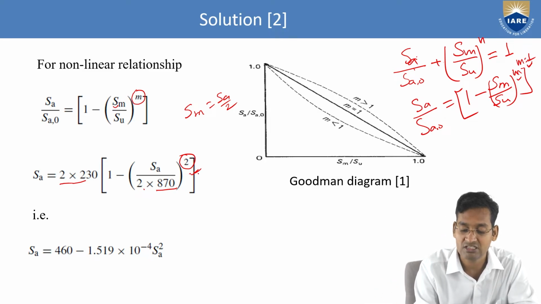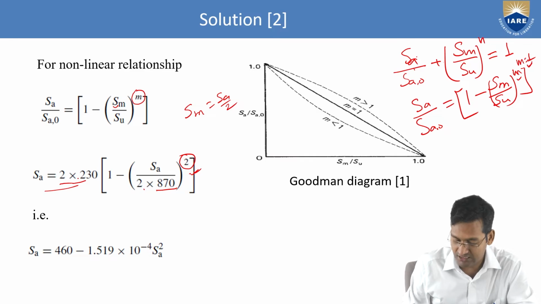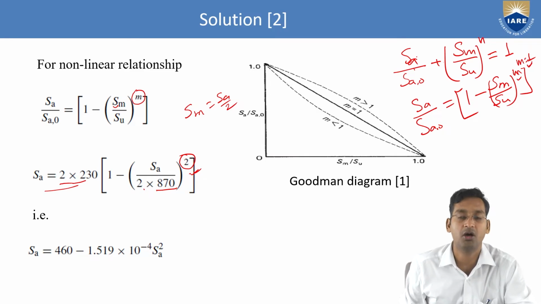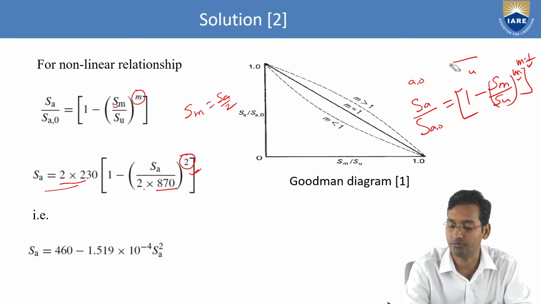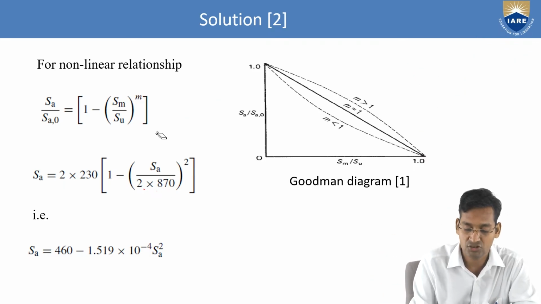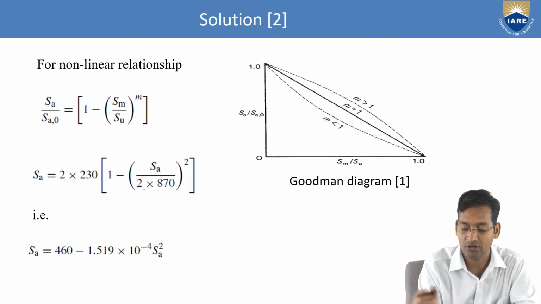So after expanding this, we will get a quadratic equation, because a power is there, so we will solve that quadratic equation. Okay, so now let's solve this one. First we have to expand this one.